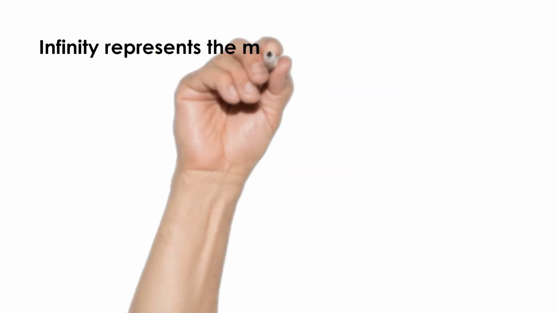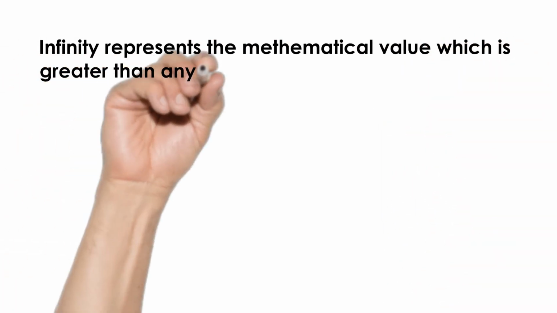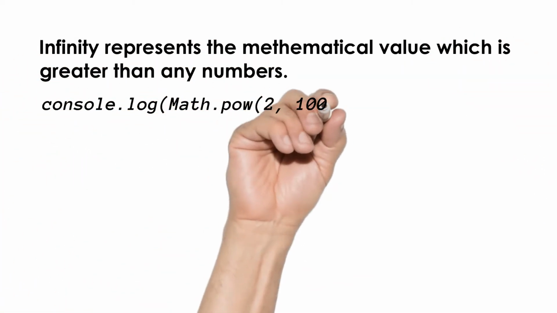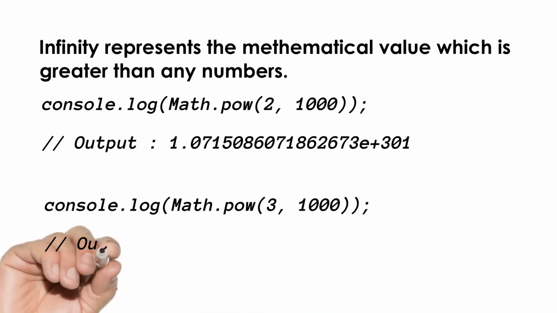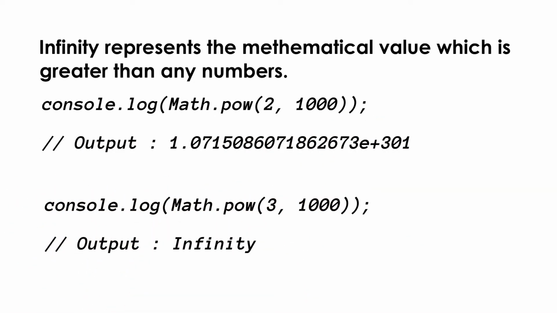Infinity represents the mathematical value which is greater than any number. For example, when you use power functions like 2 power of 1000, it will return a numeric value. But as you change it to 3 power of 1000, it will return Infinity.